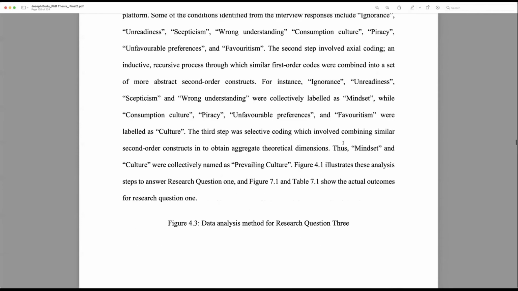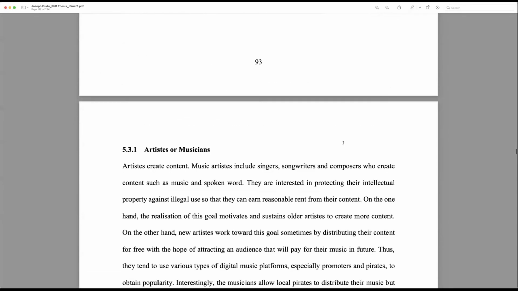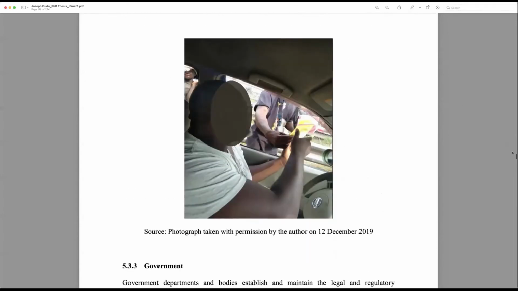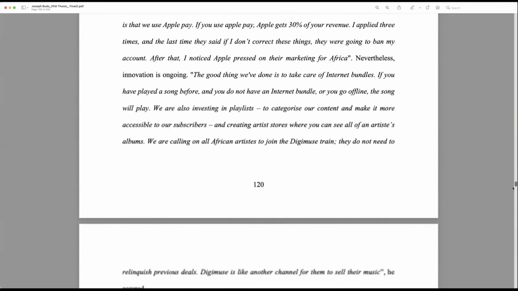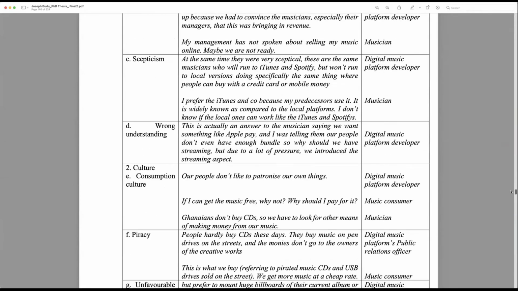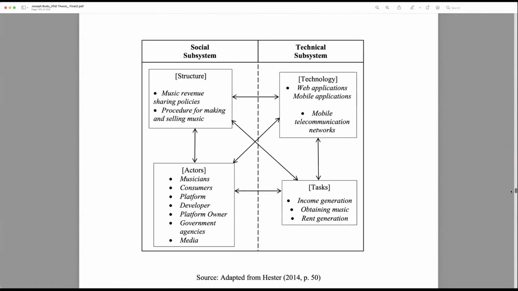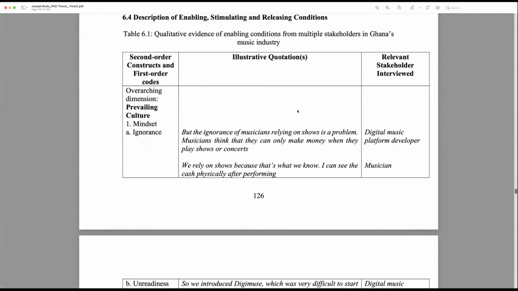So if you look at it in the actual work, let me show you in the actual work itself. So this is all data. Remember, let me show you some of the codes and how he gets them. Look at this one. Illustrative contribution.